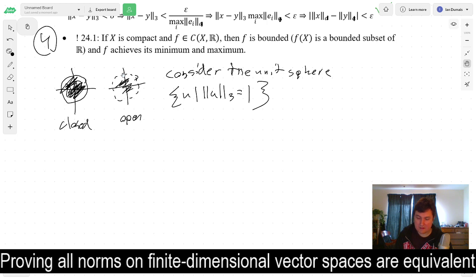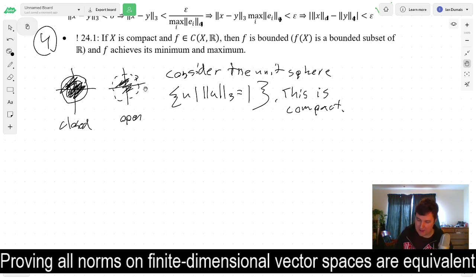It's closed because it's a collection of points where all the points are on the surface of a sphere, really. So any sequence of the points gets us another point on the surface of the radius 1 n-sphere. And it's bounded because it's a sphere. It's not going off toward infinity. One way to define boundedness is that we can put it inside a slightly larger sphere than itself. We're fine. So closed and bounded means compact. So this is compact.